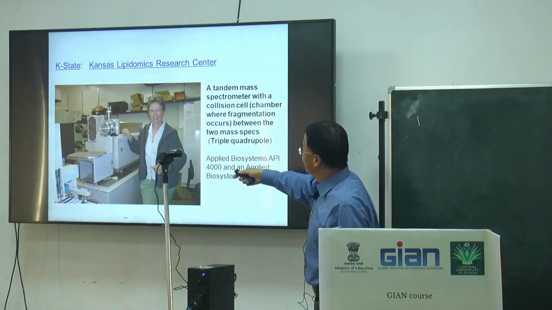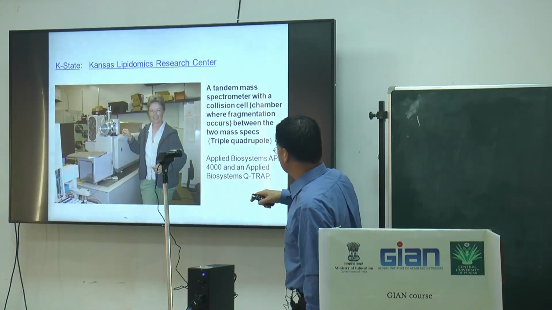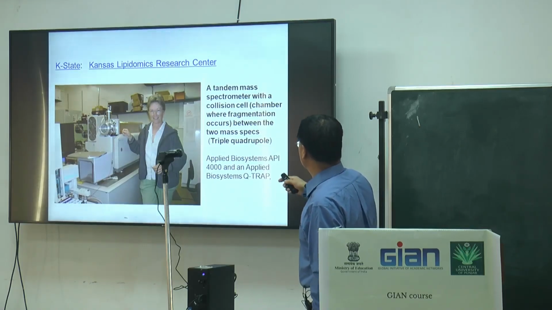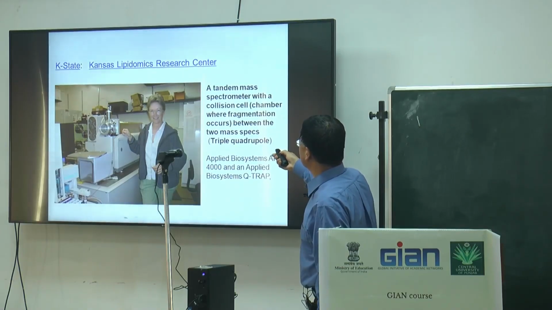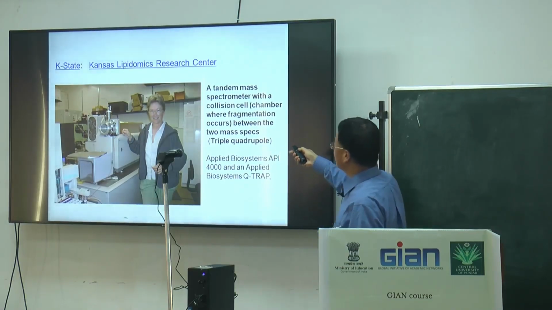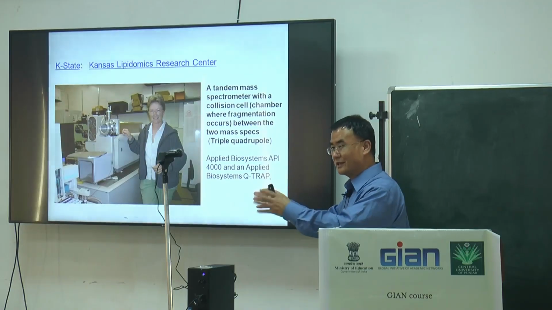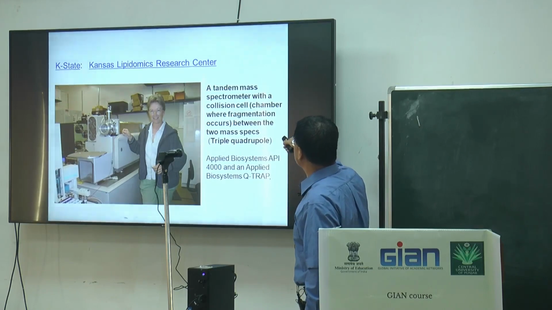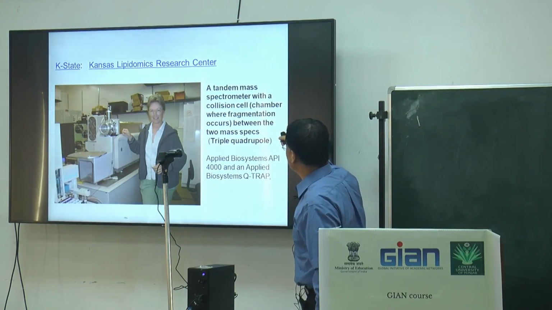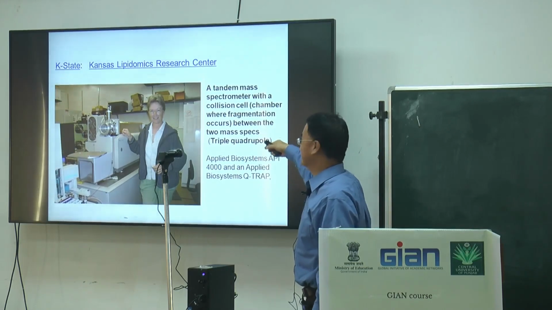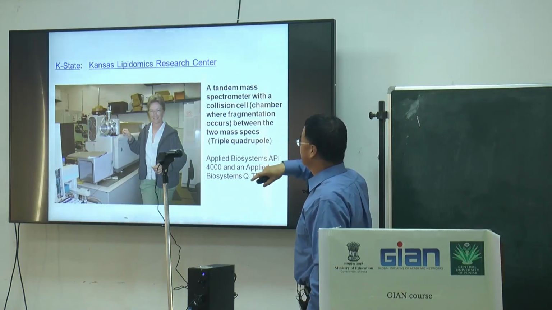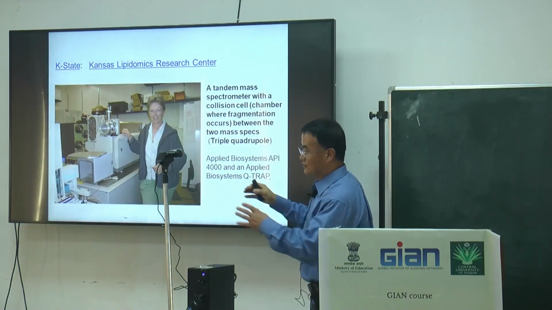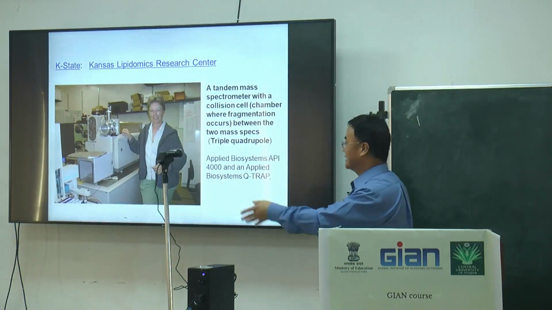What they use for this is the triple quadrupole mass spectrometer with a collision cell. The middle quadrupole, Q2, is a collision cell, called CID, the chamber where the fragmentation occurs. This is very important, because the lipid molecule is too large, between Q1 and Q3, in that region.